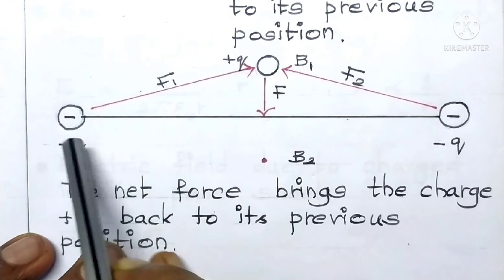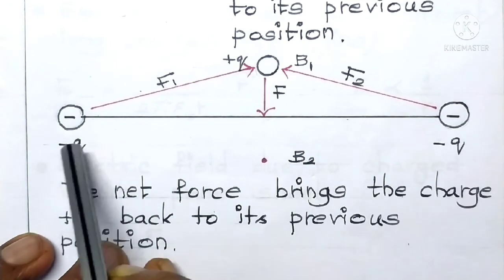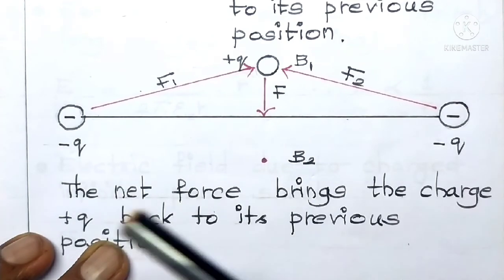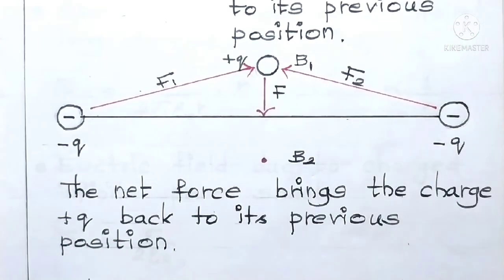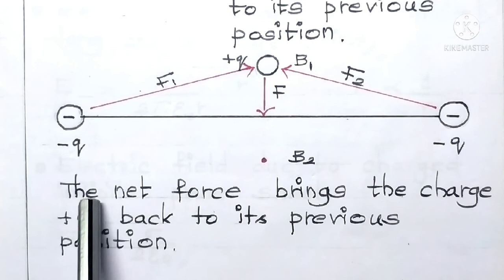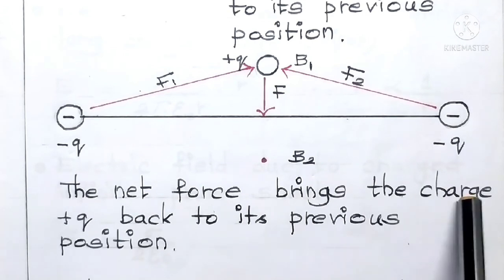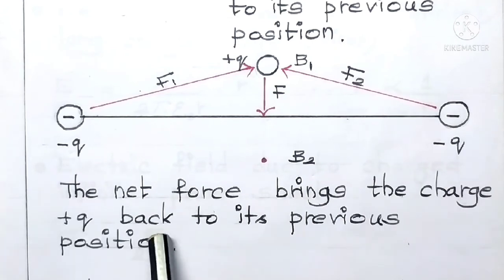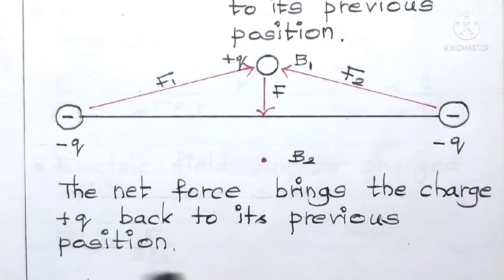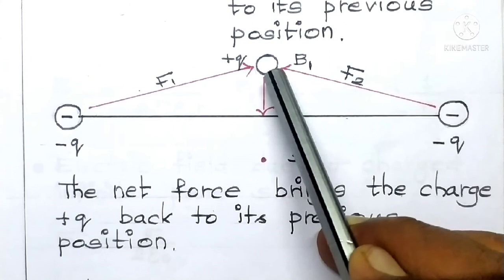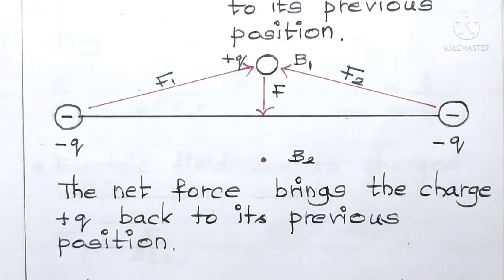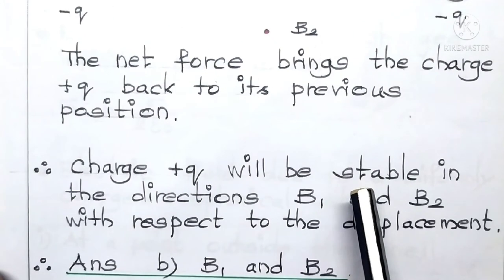So the magnitude of forces, the amount of forces, will remain the same. So automatically this charge will return back to its original position. That's what is given here. The net force brings the charge plus q back to its previous position. So in this case only, the charge will remain stable. That's what is given over here.